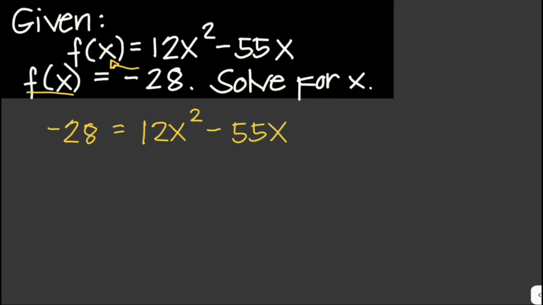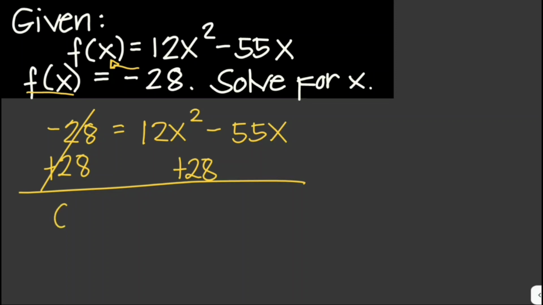So we can move all the terms to either of the two sides, the right side or the left side, and then set the equation to 0. In this case, we can move negative 28 to the right. So we just have to add 28 to both sides.